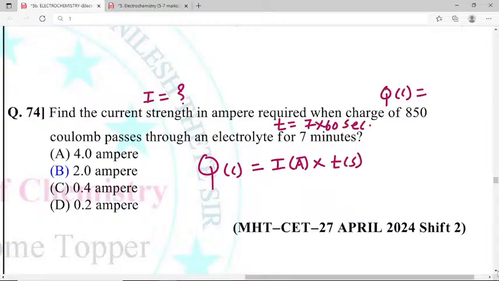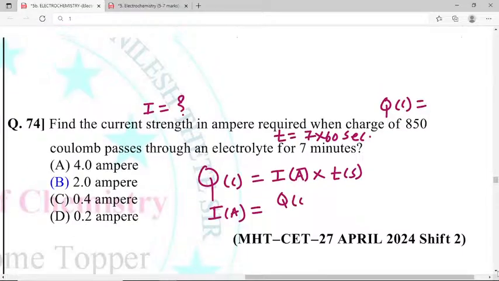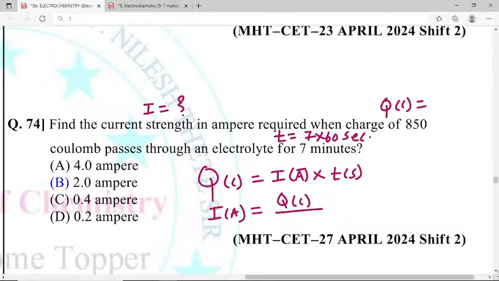So current in ampere, I is equal to coulombs divided by time in seconds. Coulombs is given as 850 divided by 7 multiplied by 60. If you solve this, it is 2. So 2 ampere is the current.